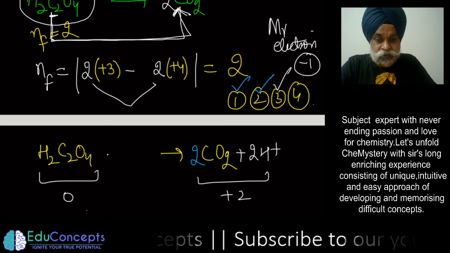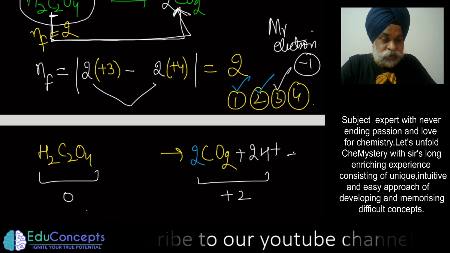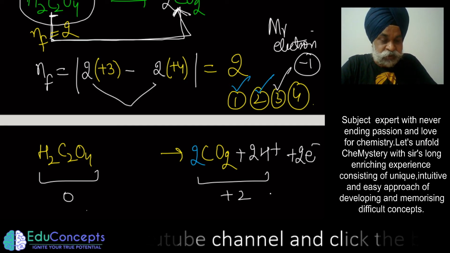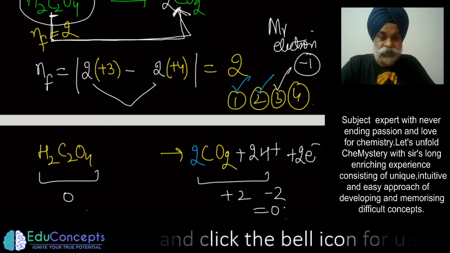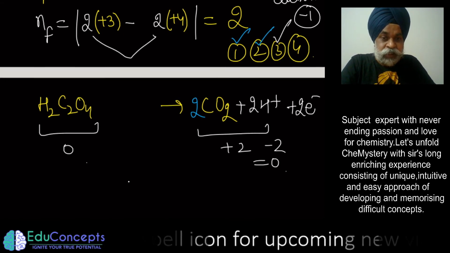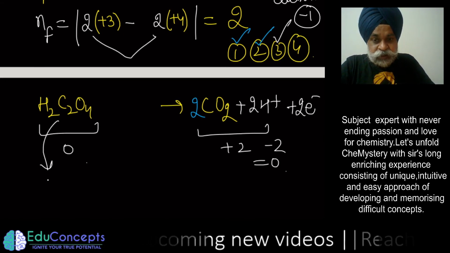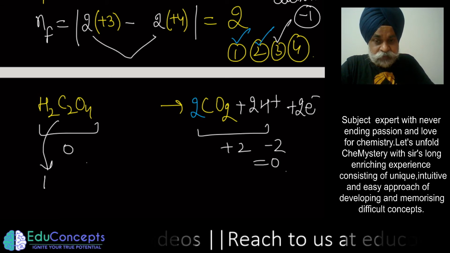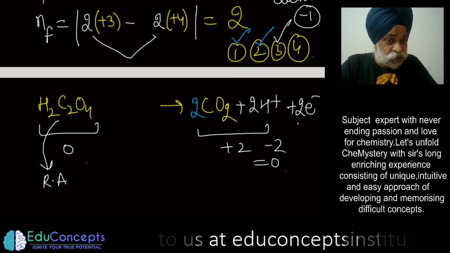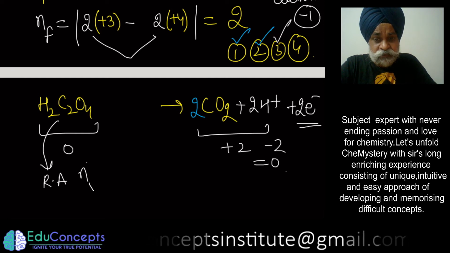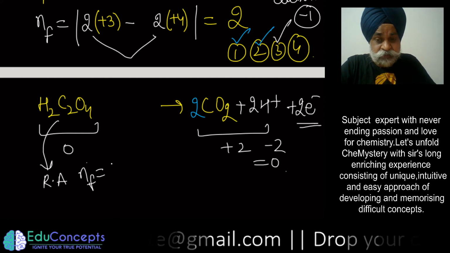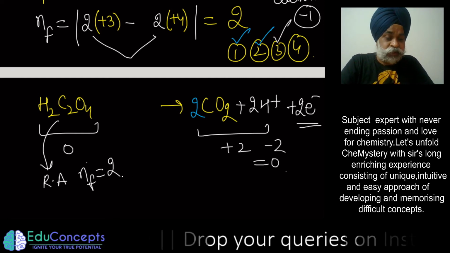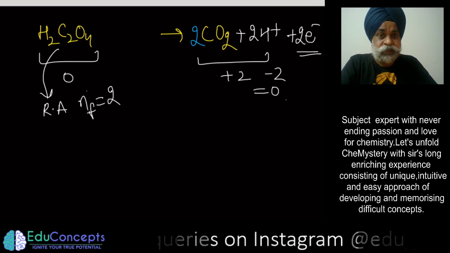So you have to place 2 electrons here. If you place 2 electrons, this becomes 0. So we will say now this oxalic acid is acting as a reducing agent because it underwent loss of electrons. So the n factor for this would be how much? It would be 2.